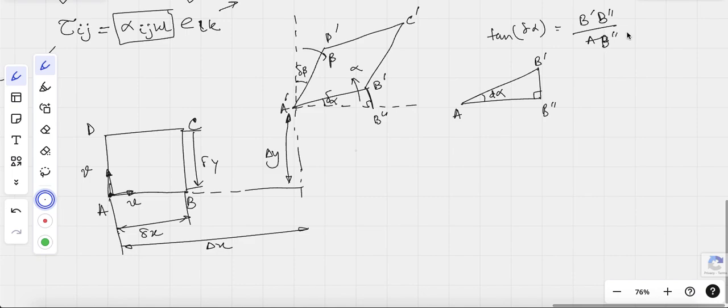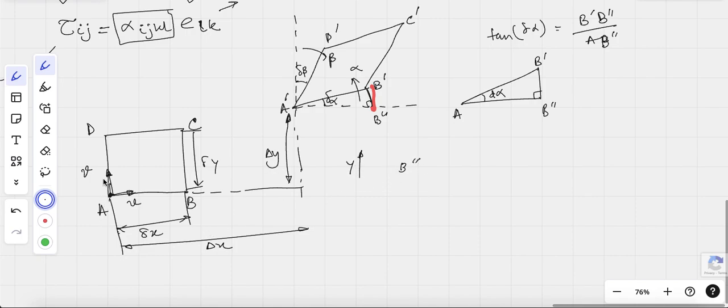Now what is b double dash? It is the distance which this fluid particle has moved up. What is the velocity of this fluid particle in the y direction?